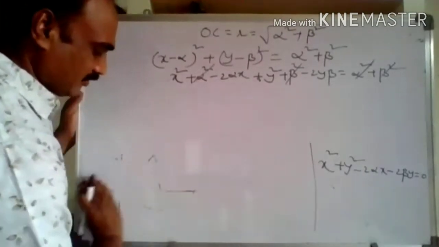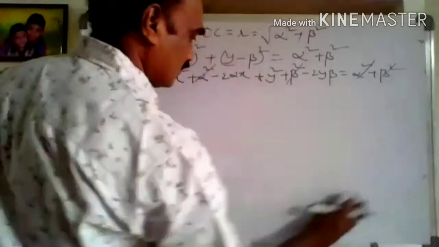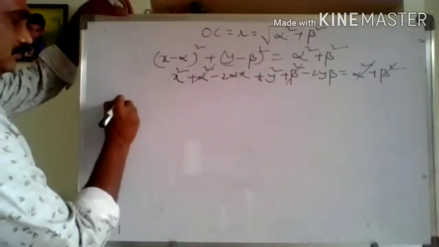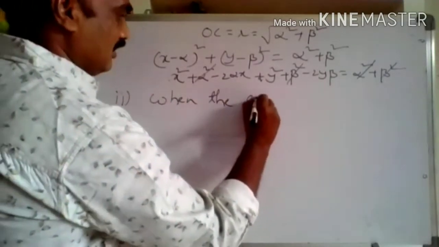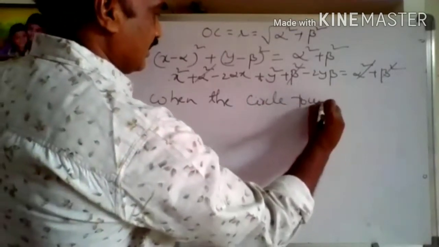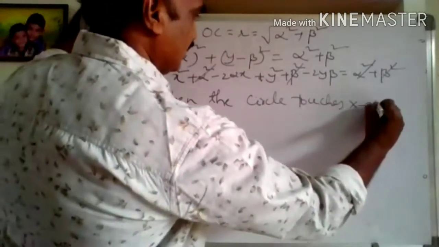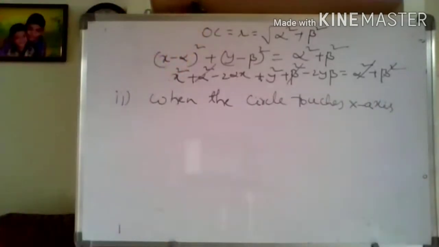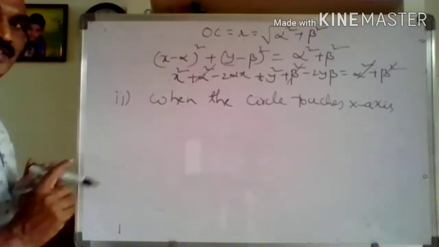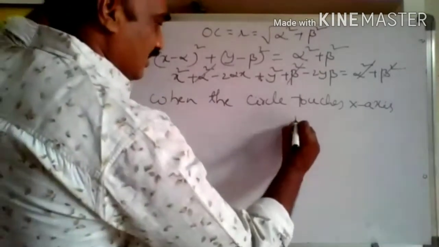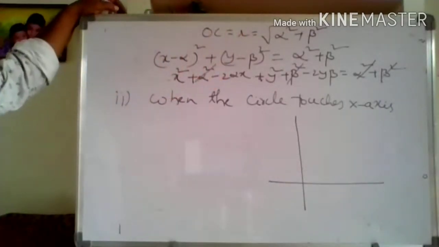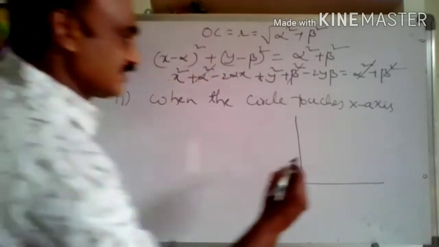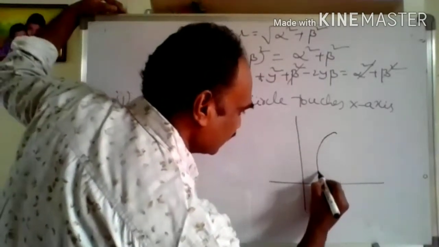Okay, so next model, the second one. When the circle touches the x-axis, what is the circle equation?